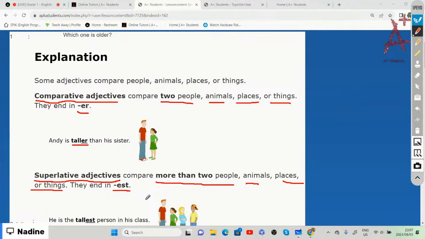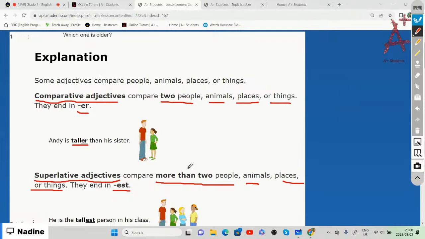All right. Sorry. So now, with adjectives that compare, remember adjectives are words that tell us about the noun, or words that describe the noun. With comparative and superlative adjectives, generally they compare people, animals, places, or things.